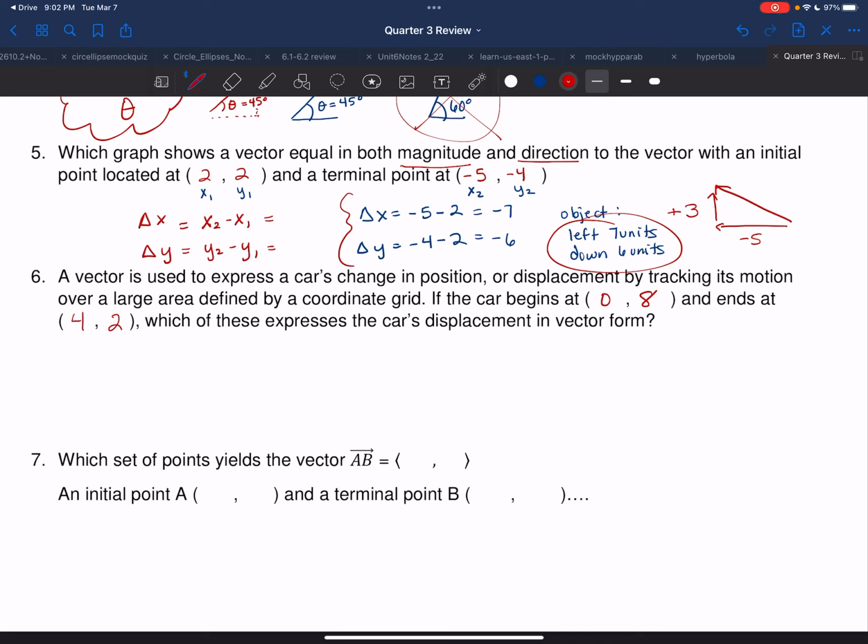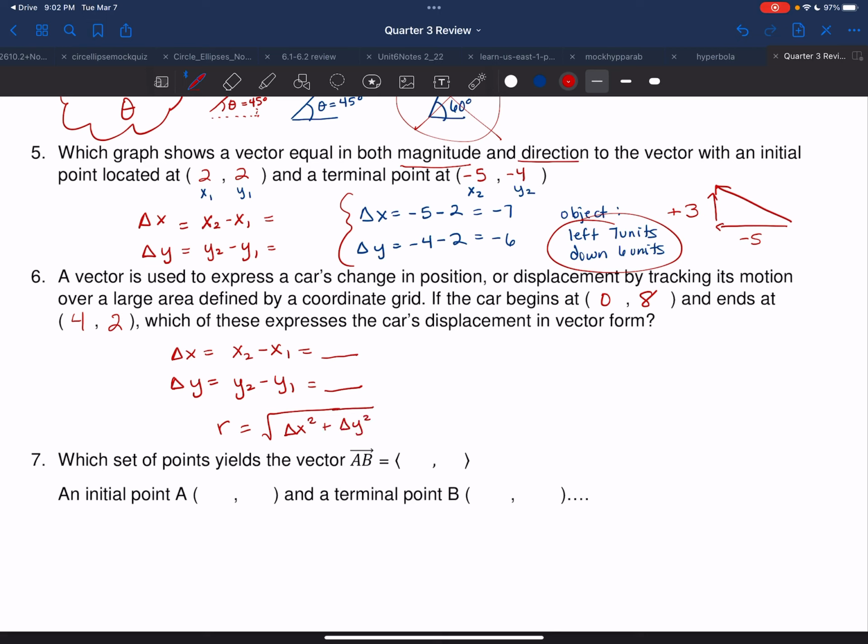Alrighty. So if I start, you're going to have a change in x, which is going to be x2 minus x1. You're going to have a change in y, which is going to be y2 minus y1. When you have those two new values, then you're going to find your resultant, which will be that change in x squared plus change in y squared.